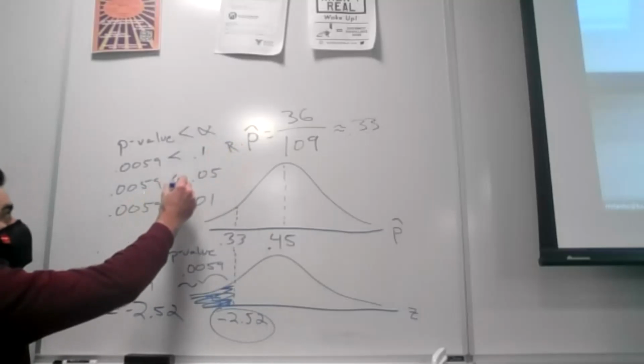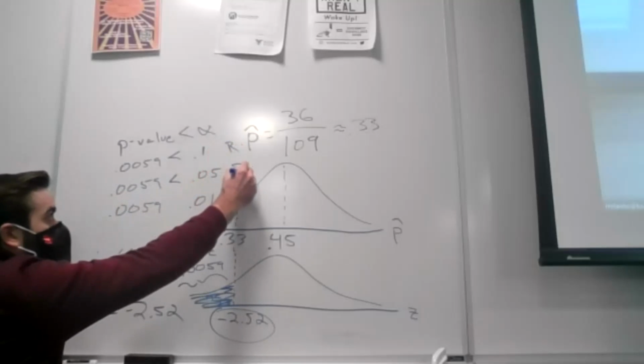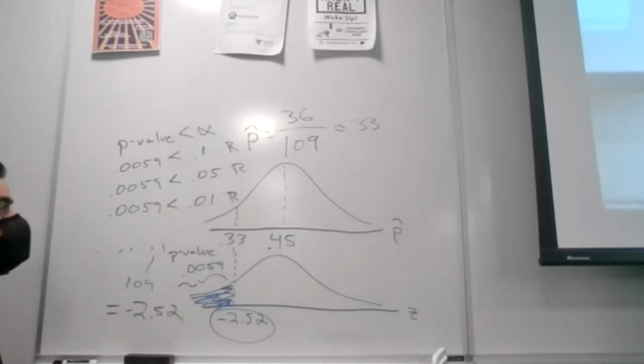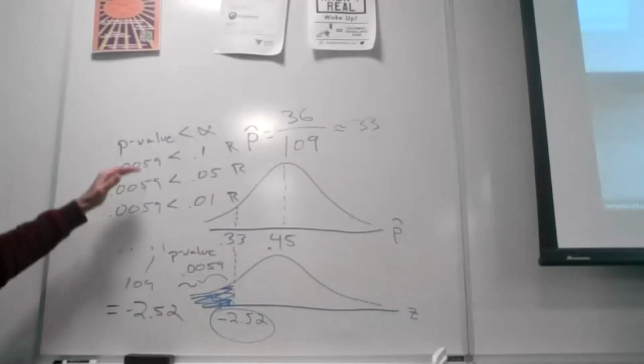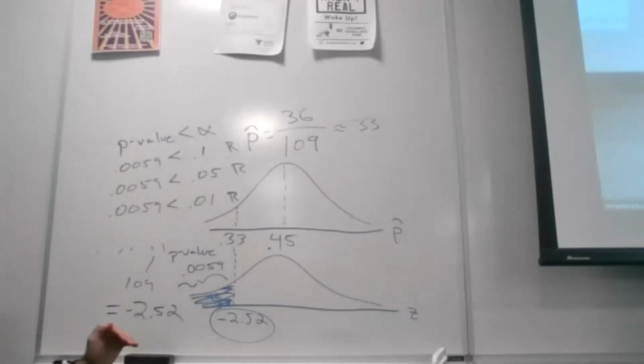Is it less than 0.05? Well, notice this is 0.005, so yes. So we can reject. Is it less than 0.01? Sure enough, it is, so we can reject there as well. So this was an example where based off the sample evidence we found, we could reject the assumed true value at every level of significance, right?